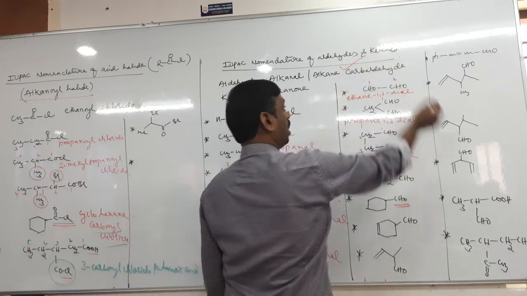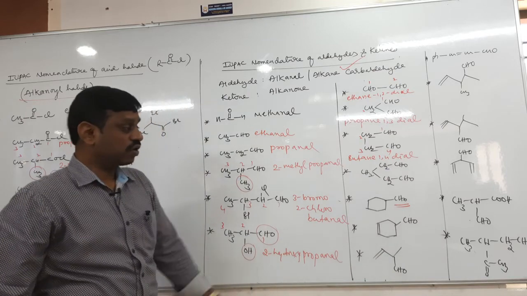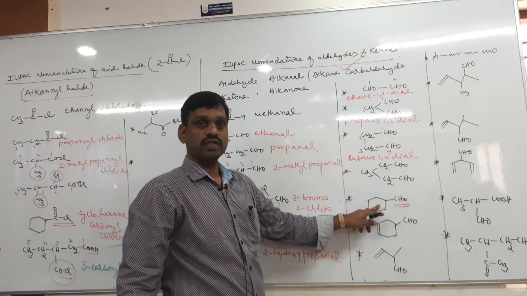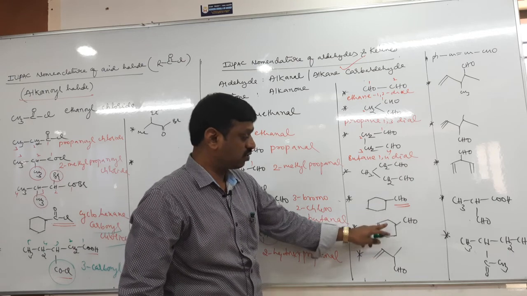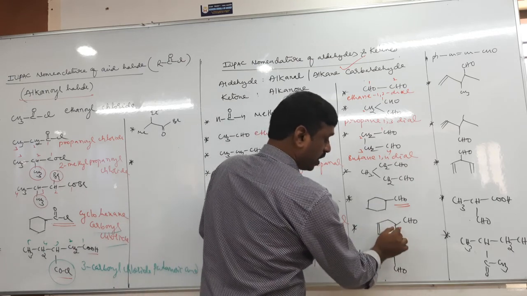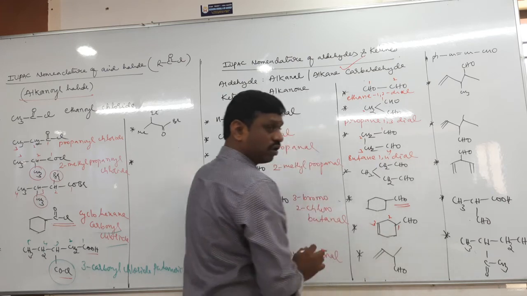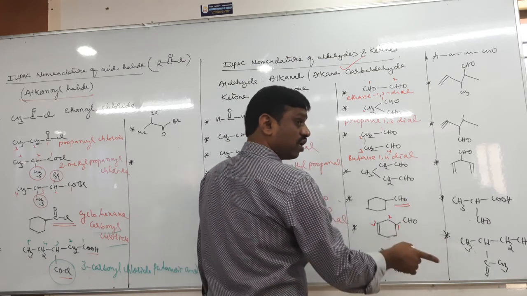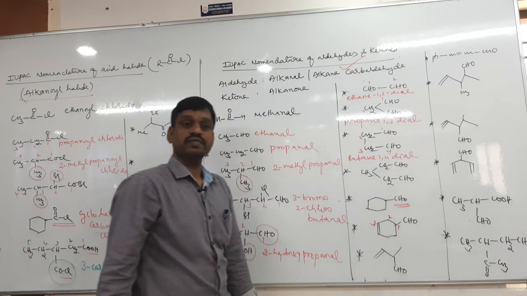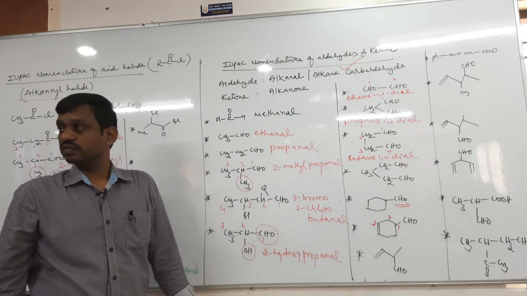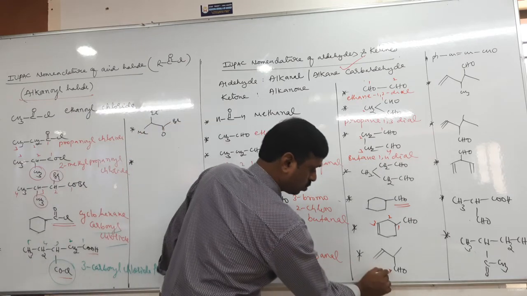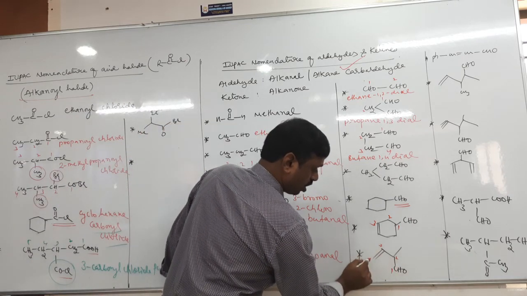Therefore, you can write alkane carbaldehyde: cyclohexane carbaldehyde. It is also cyclohexane, but there is a double bond: cyclohex-3-ene carbaldehyde. Next, 1, 2, 3, 4.